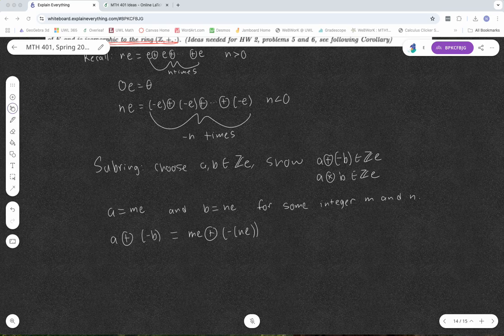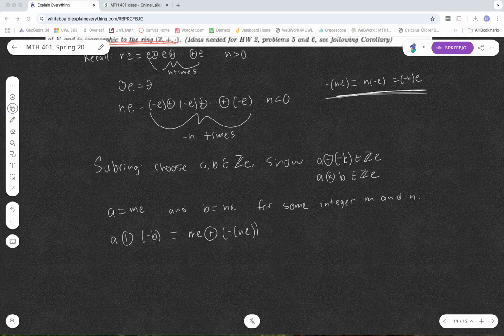And negative NE, there are two ways to think about it. This is one of the homework problems. So negative NE is the same as N times negative E is the same as negative N times E. All right, these are all the same.